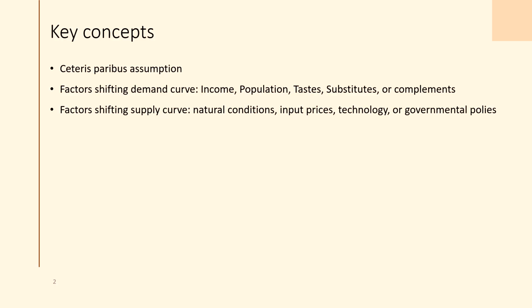Before we begin, let's quickly review the key concepts. First, we use the ceteris paribus assumption, which means we hold everything else constant while analyzing one change at a time. Second, we need to remember the factors that shift demand, such as income, population, tastes, substitutes, and complements.